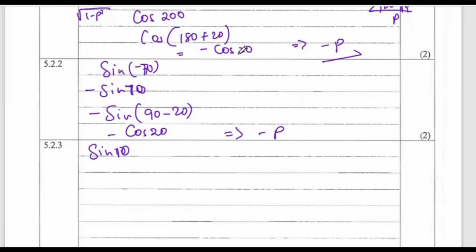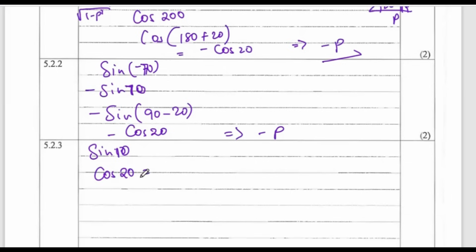Okay. So what I'm going to do, I can try to use the double angles. Is that going to make sense? Yes, it can make sense. Let's say I have cos of 20.